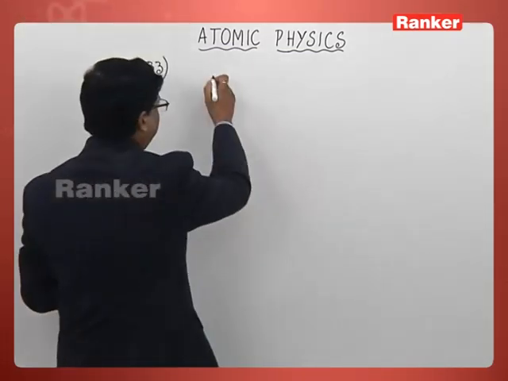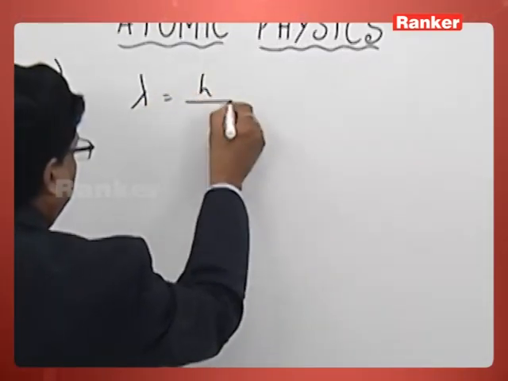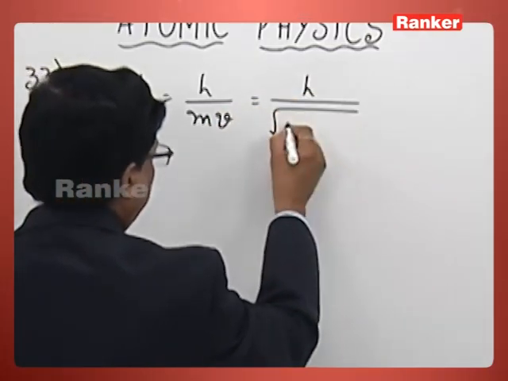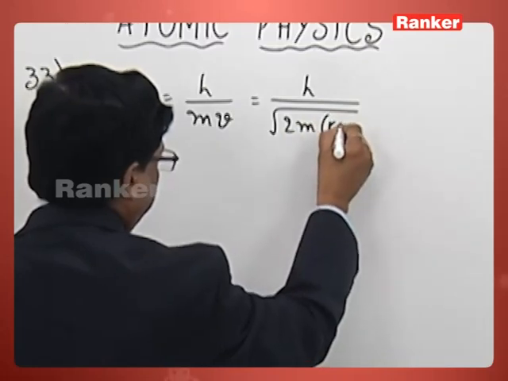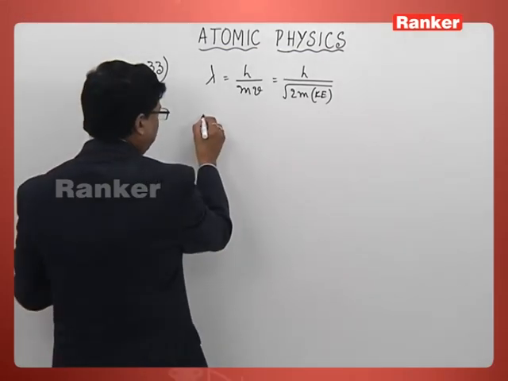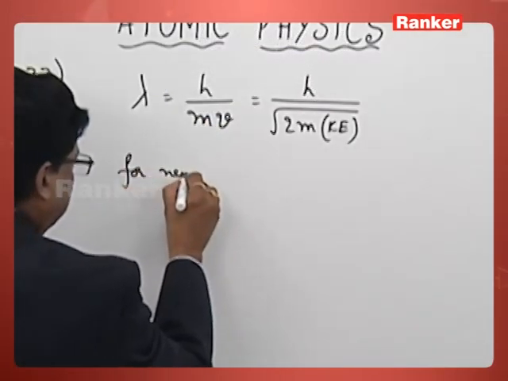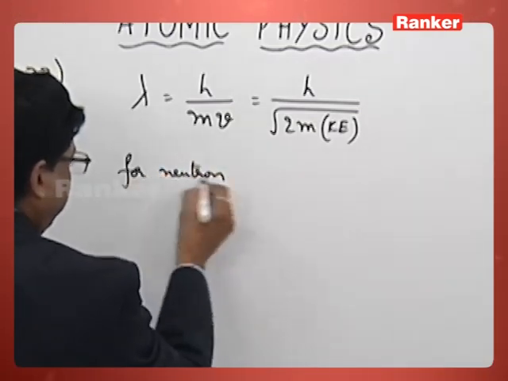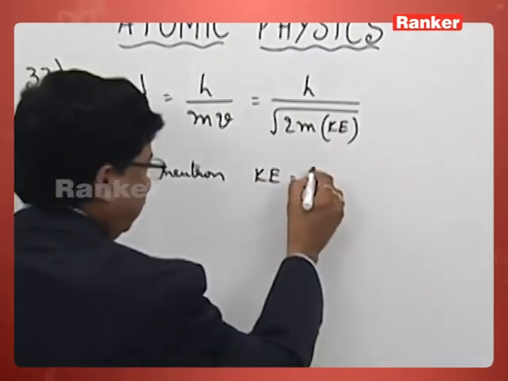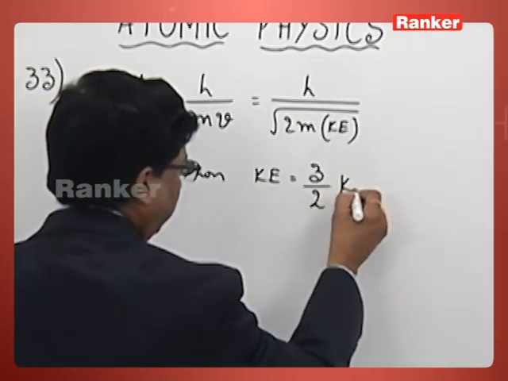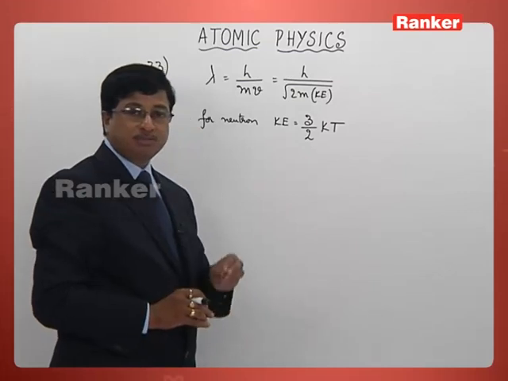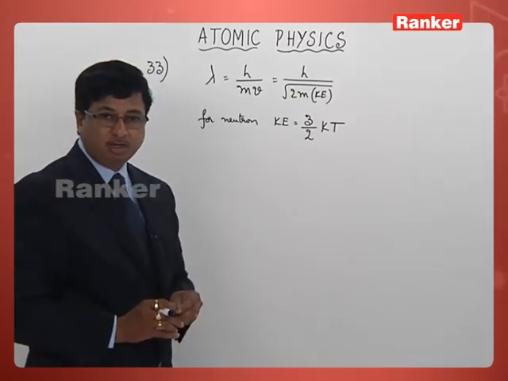So directly you can write lambda is equal to h by mv, that you can write as h by root of 2m into K. You can all understand well, for a neutron, the kinetic energy in terms of the value of K is 3 by 2 kT, k being the Boltzmann constant, T being the absolute temperature of that particular particle given.